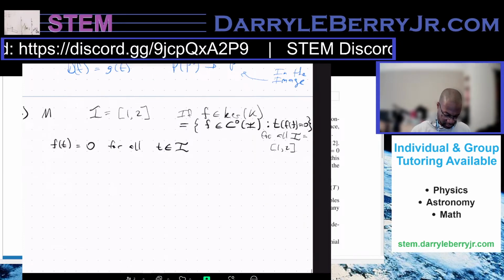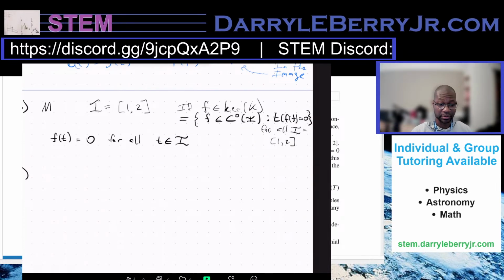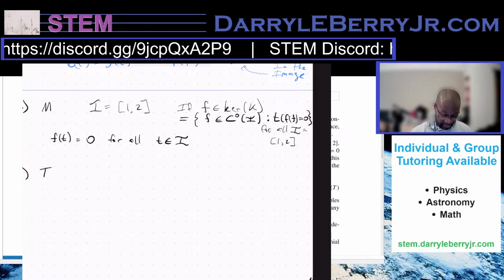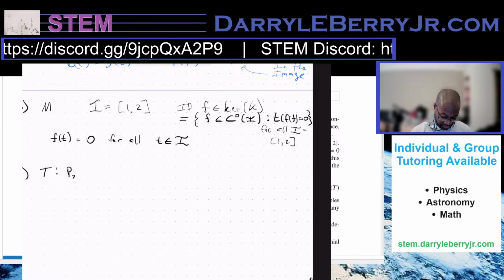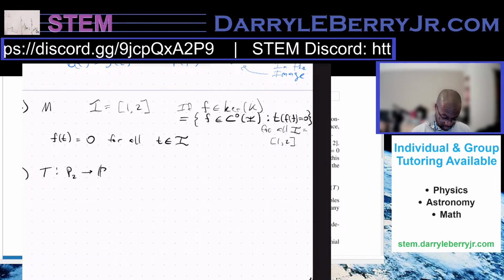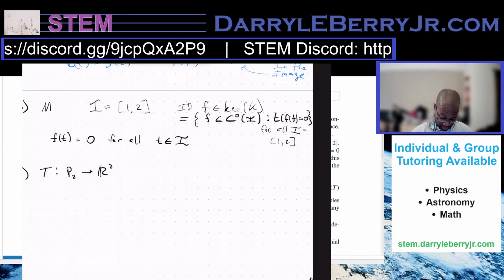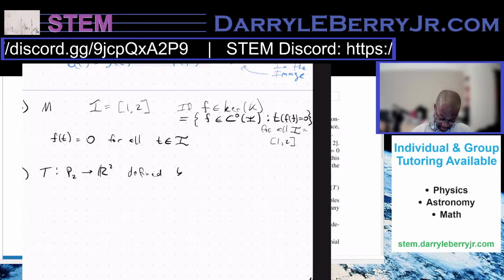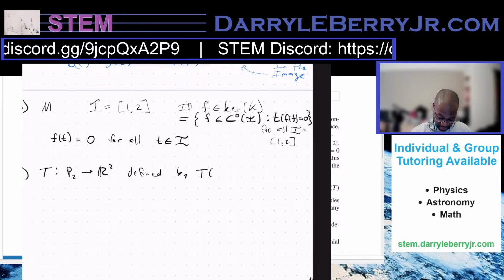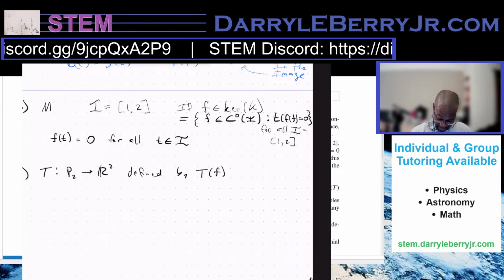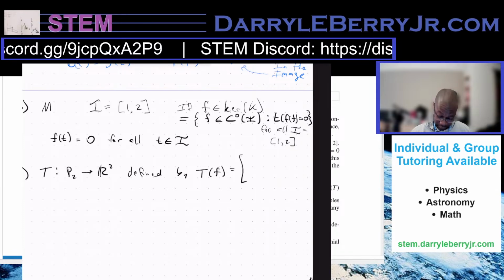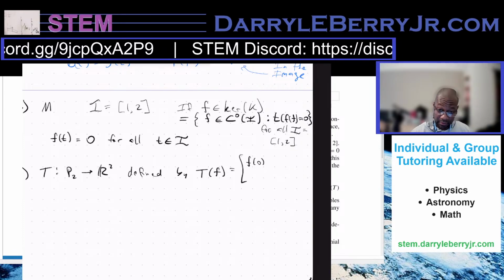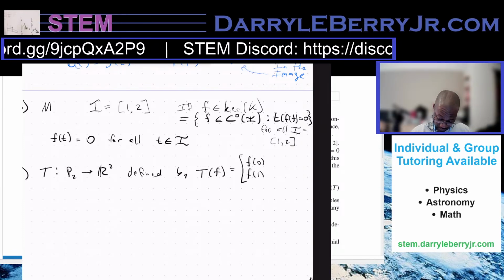And C, consider the linear map T, P2 to R2, defined by T f equals f(0), f(1).